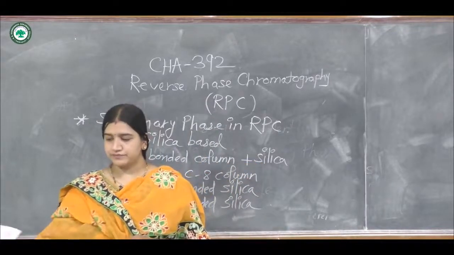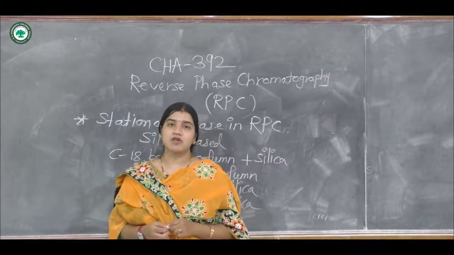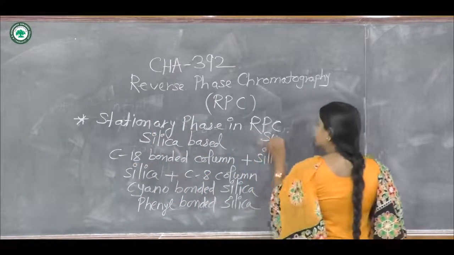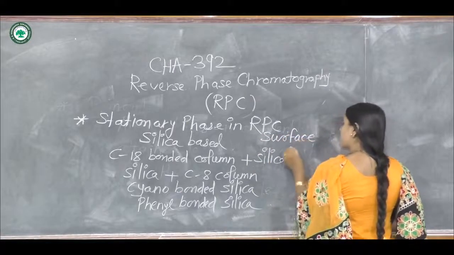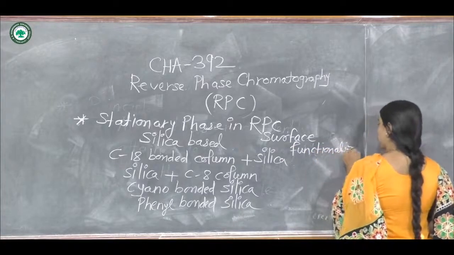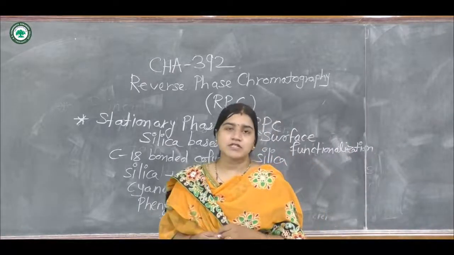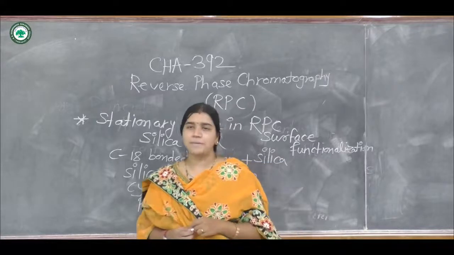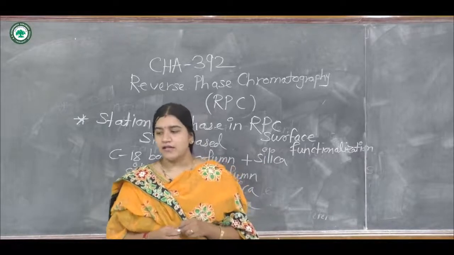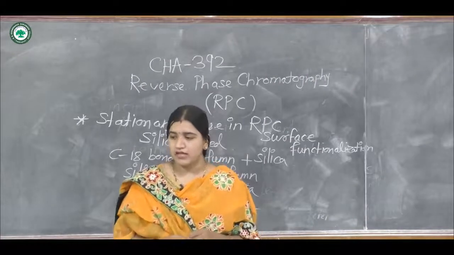Apart from these different types of phases, the surface functionalization of silica is the most important aspect. Surface functionalization is usually performed by using either a monomeric reaction or a polymeric reaction, and therefore different organosilanes are used.